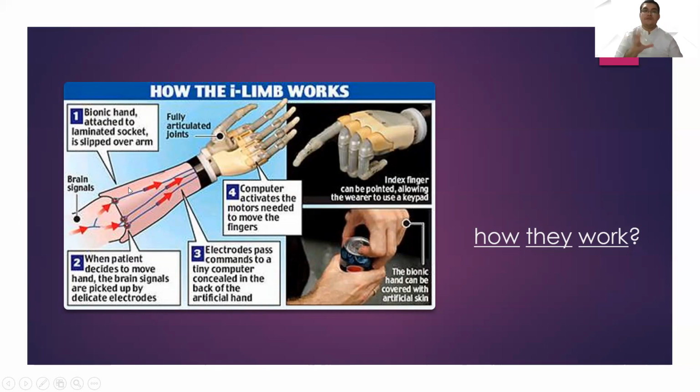The sockets receive the brain signals and transform these signals into electrical pulses. These pulses go to the hand in specific, and the pulse goes to the little computer that we have in the hand in this part. So the electrical pulse goes to the computer, and the computer transforms these electrical pulses into mechanical movements or mechanical signals.